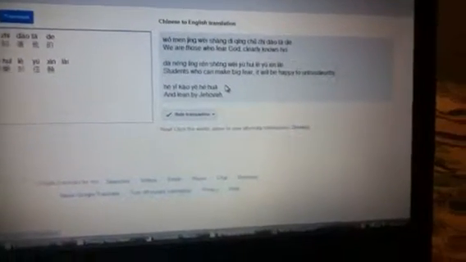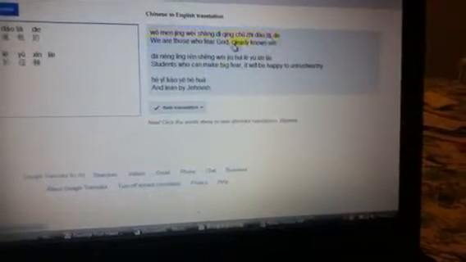The weakness of Google Translate in general, which is that it doesn't really give idiomatic translations in the new language, is kind of its strength for us. Here it says, "we are those who fear God, clearly knows the students who can make big fear, it will be happy to untrustworthy and lean by Jehovah." So not very good English, but it's sort of word for word Chinese, so it can help us to understand it.